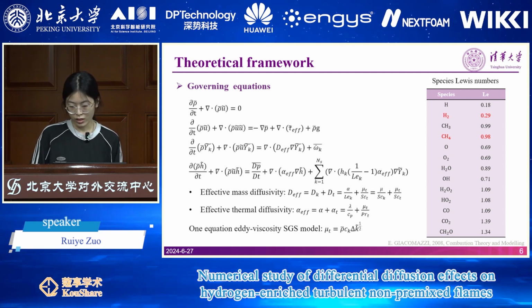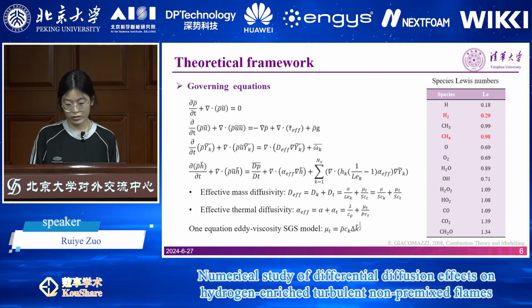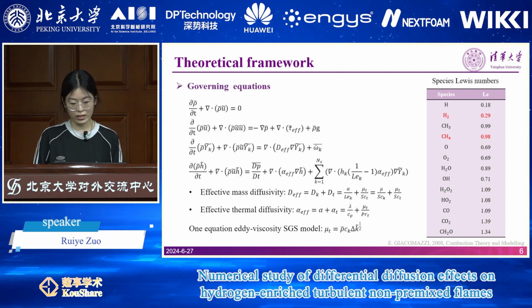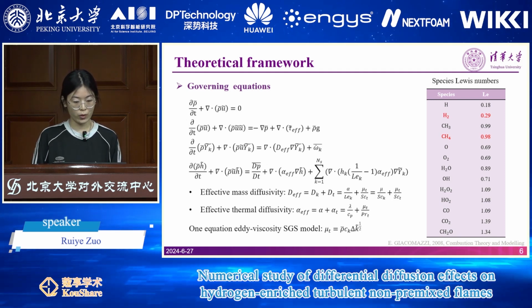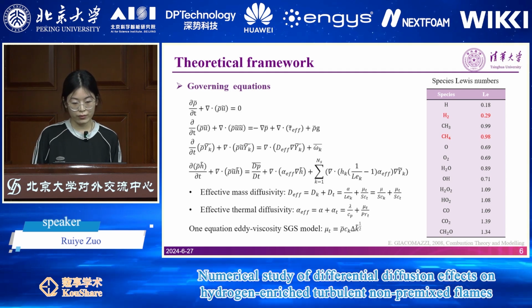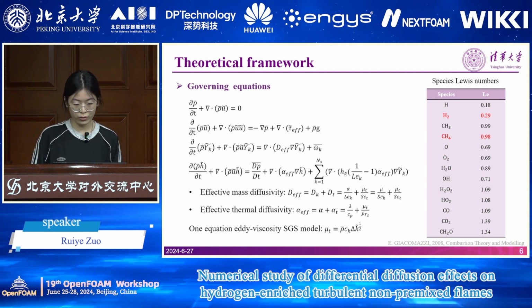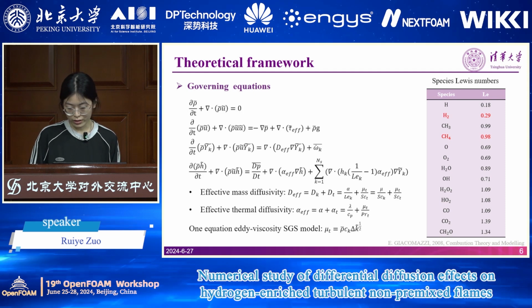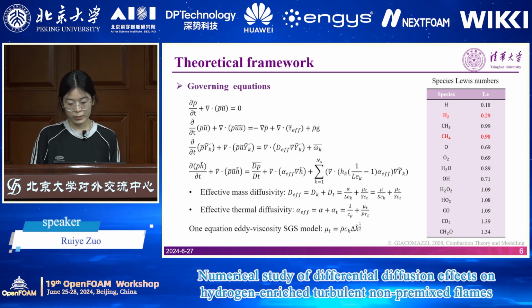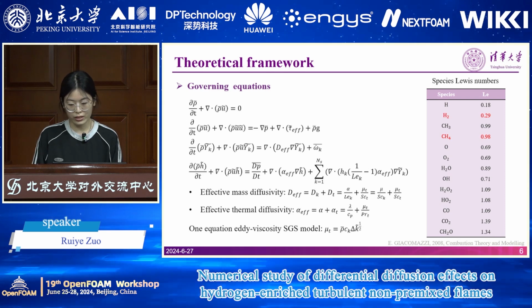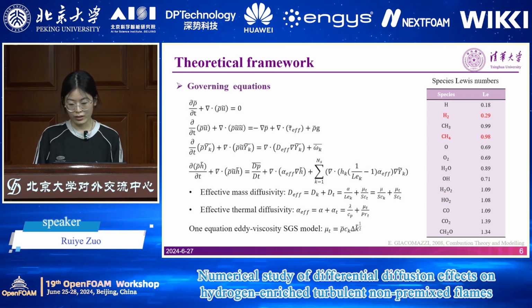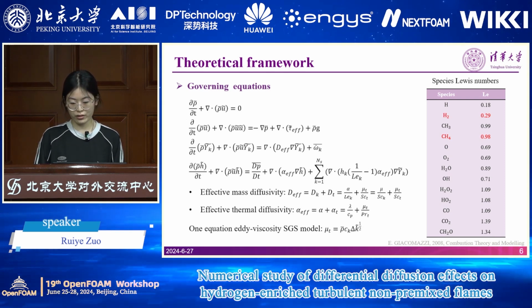Similar to the species equation, the effective thermal diffusivity in the enthalpy equation is the sum of laminar and turbulent thermal diffusivities. Different species have different Lewis numbers. As shown in this table, the Lewis number of hydrogen is 0.29 and the Lewis number of methane is 0.98. Hydrogen diffuses faster than methane.